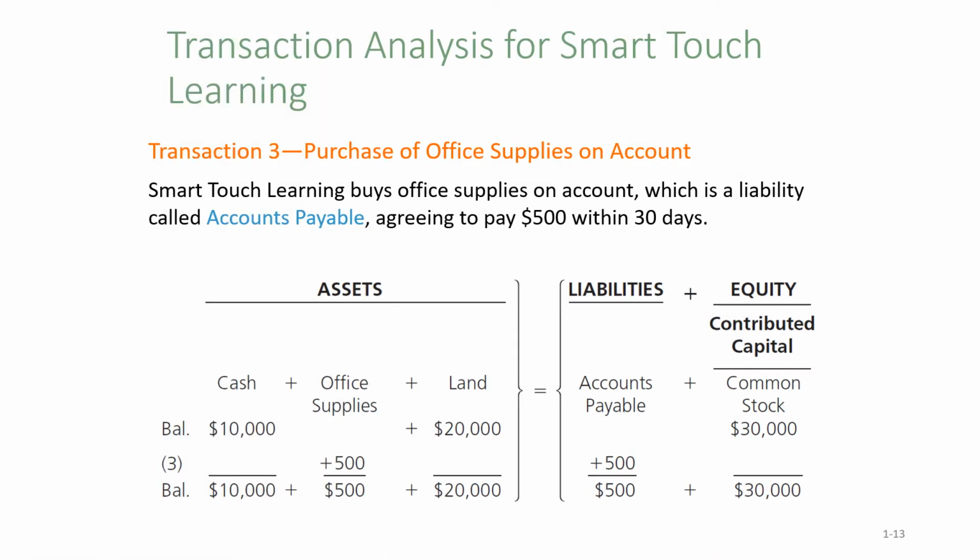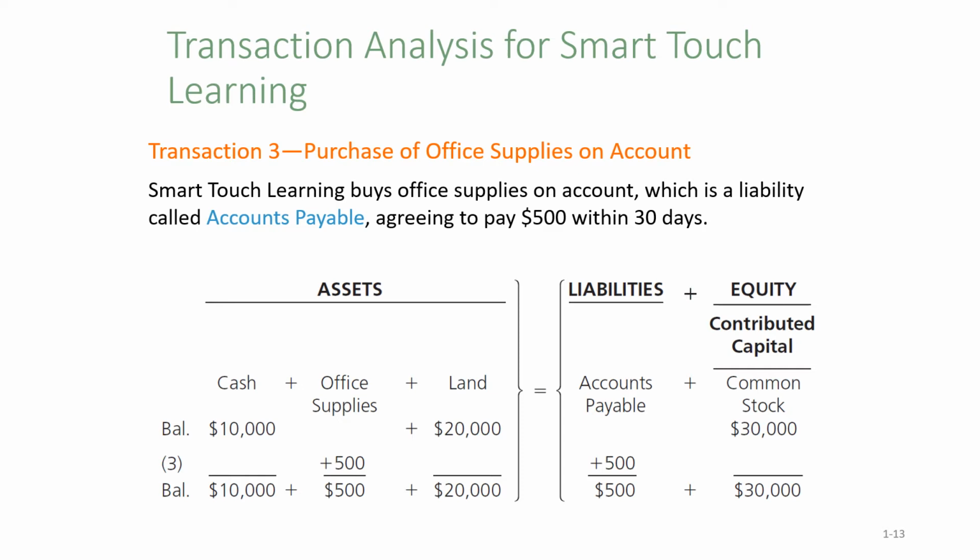Our third transaction is where we are purchasing office supplies on account. This office supplies on account piece of it is going to be important to understand who owes the money. In this example, Smart Touch Learning is the entity that owes the money, and therefore it becomes a liability.